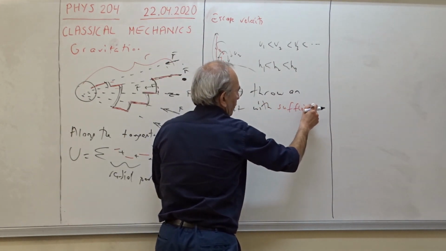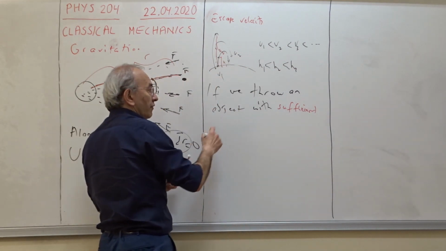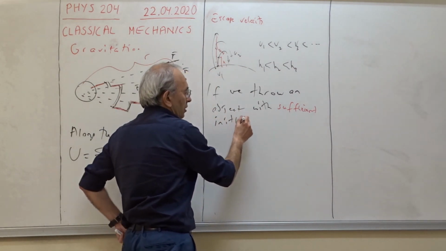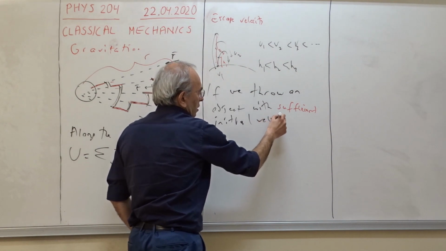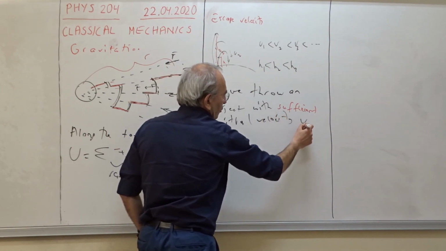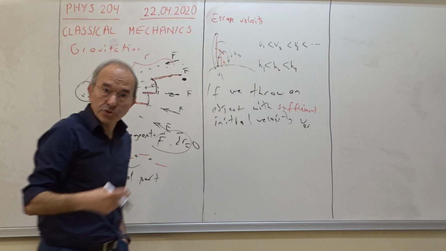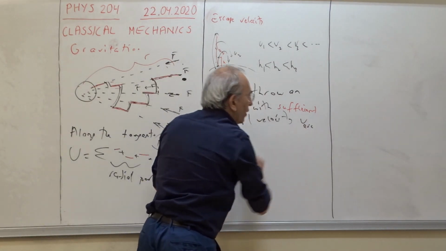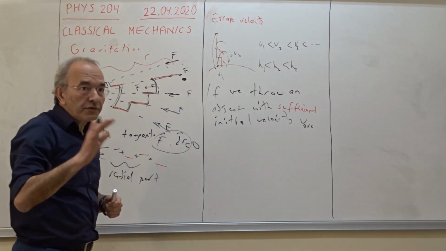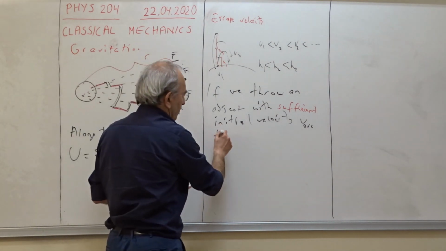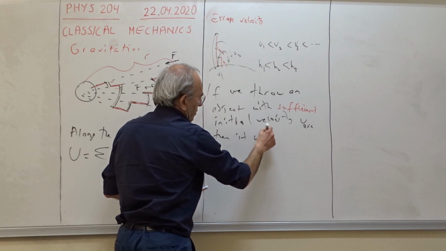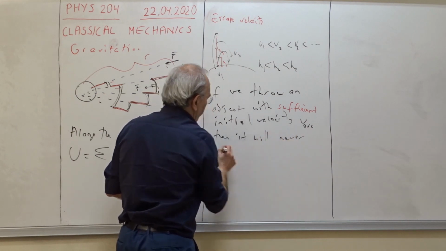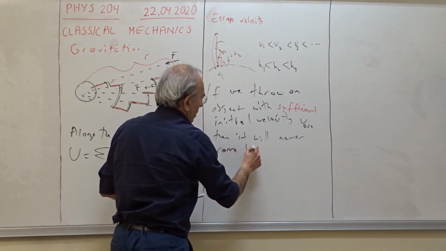What do we mean by sufficient? We will see. If with sufficient initial velocity, let me call it v escape, the object escapes from the Earth, then it will never come back.